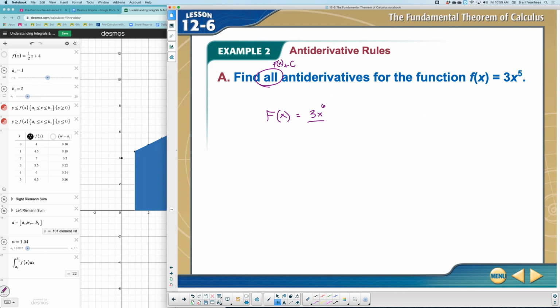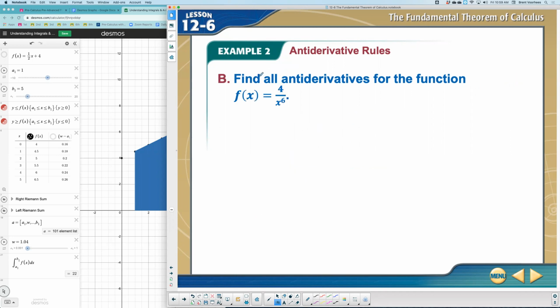So the 6th power, but since I'm raising it to the 6, I need to divide by 6. And this will simplify to be 1/2, because 3 divided by 6 is 1/2. Same thing as 1/2 x to the 6th power. I would add in the plus c for my equation. Let me do it separate. So to find all, let's say f of x equals 1/2 x to the 6th power plus c. This represents all antiderivatives. I'm going to have the plus c.